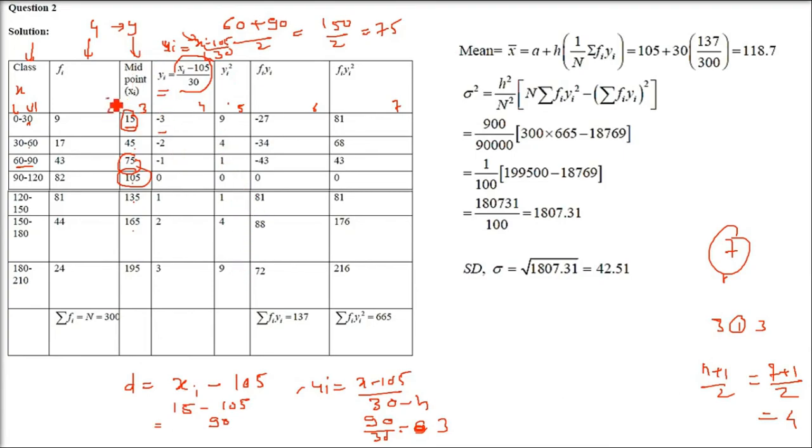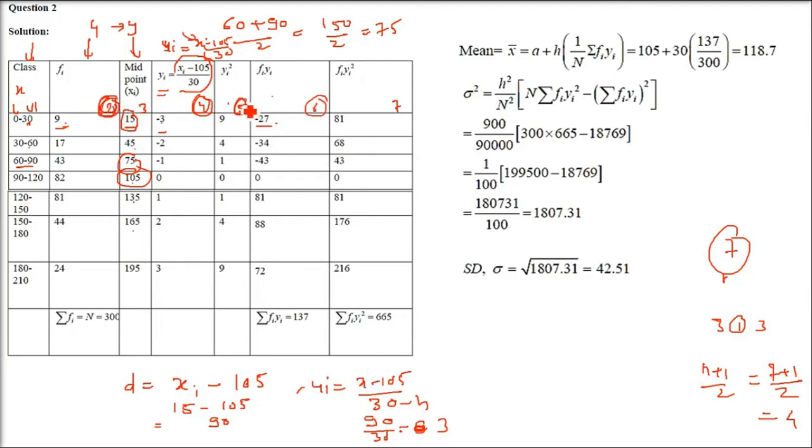When you square it, second column and fifth column you have to multiply: fi yi whole square. And fi yi, second and fourth column you have to multiply. So 9 into minus 3 is minus 27, and 17 into minus 2 is minus 34. So fi yi you have to find out.